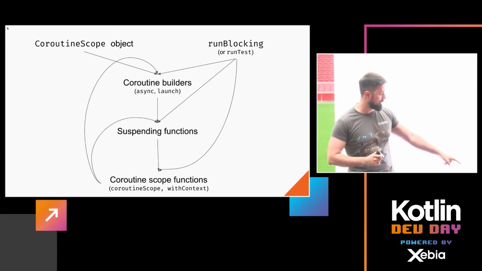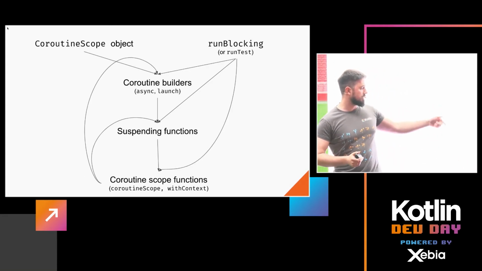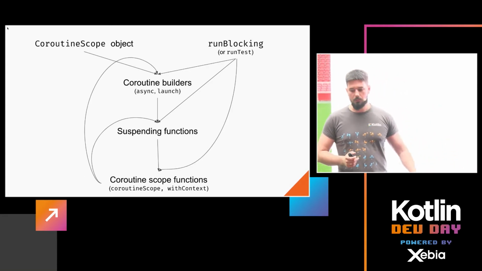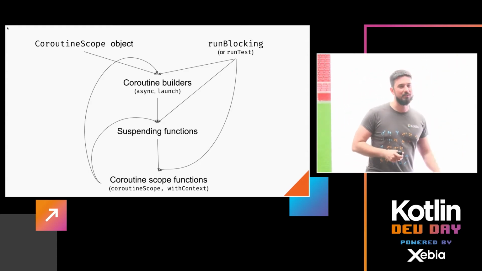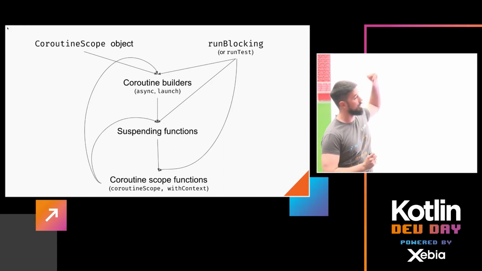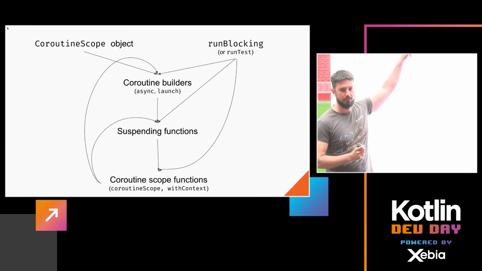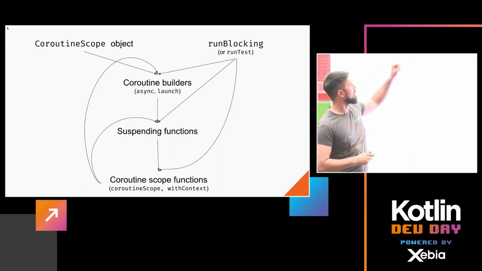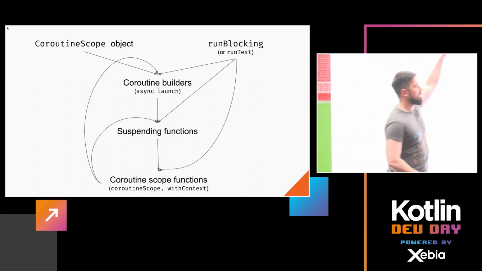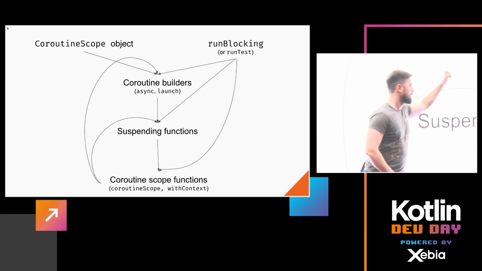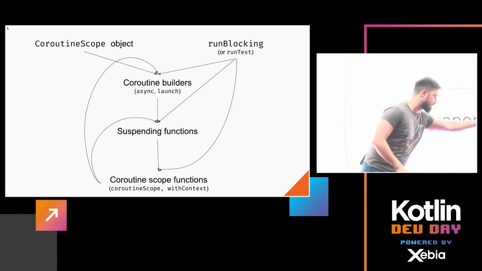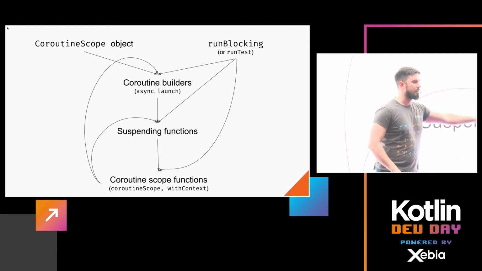That's also why we need withContext when we are in a suspending function. But when we are not inside that, we need to start it, and we start it by creating our own scope objects. And this is how typically our programs start. We create a scope, then we launch a coroutine. On this coroutine, we call some suspending functions, and then we need to start another coroutine.